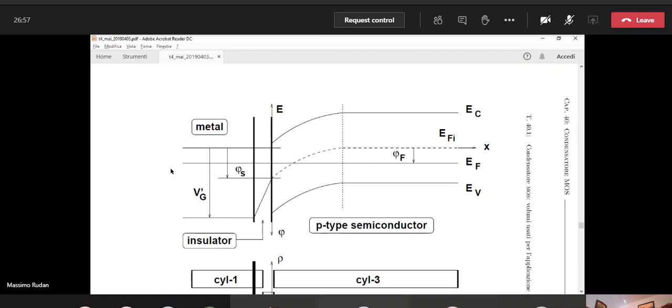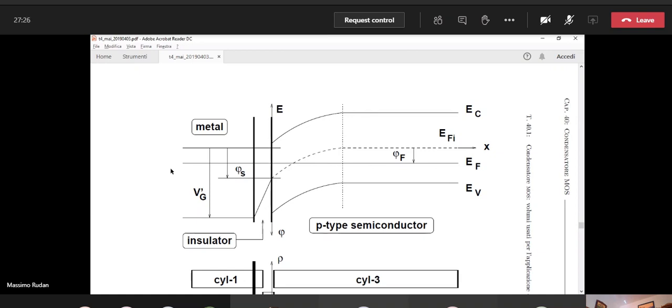Now, the point is that we have an insulator in the structure. And if the insulator is silicon dioxide, it is one of the best insulators that are available. So when we apply a constant voltage, no current can flow through the device.